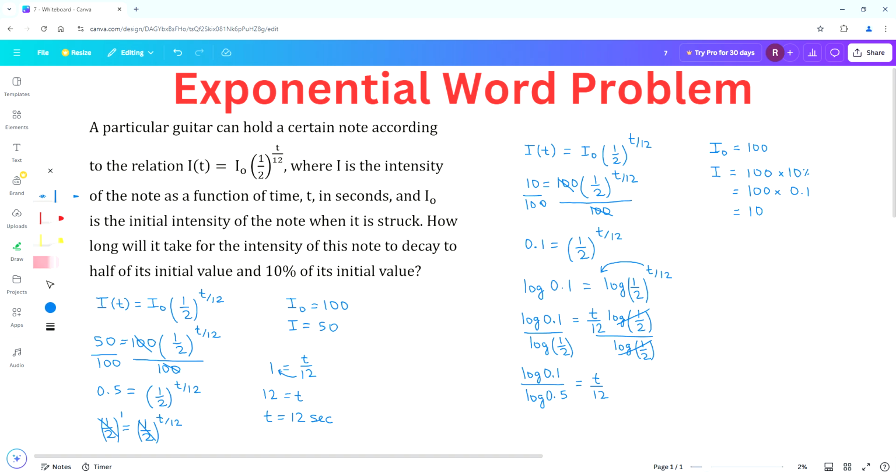Log 0.1 over log 0.5 is equal to 3.32. We can solve for t by cross multiplying 12 to the left side of the equation.